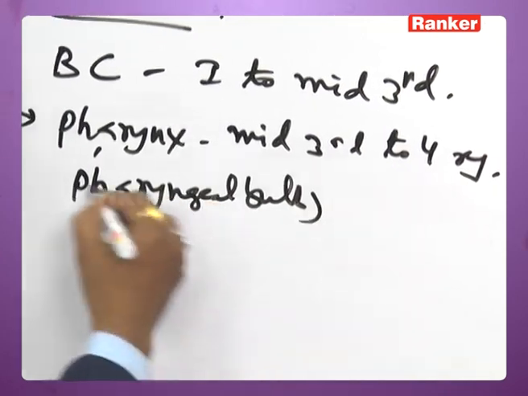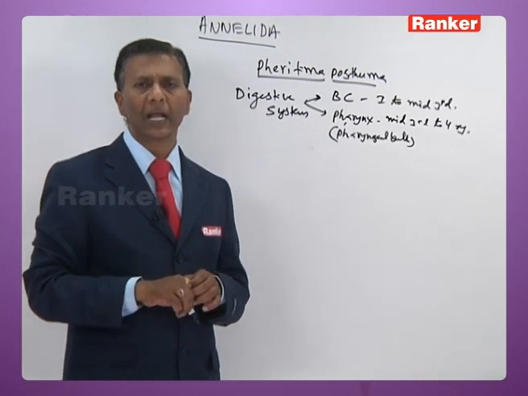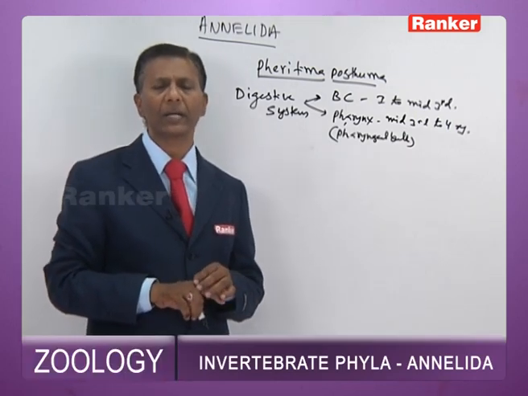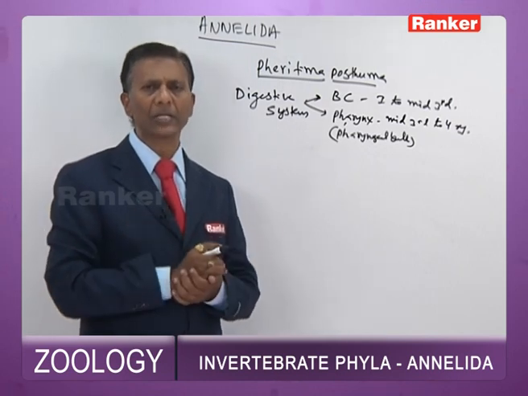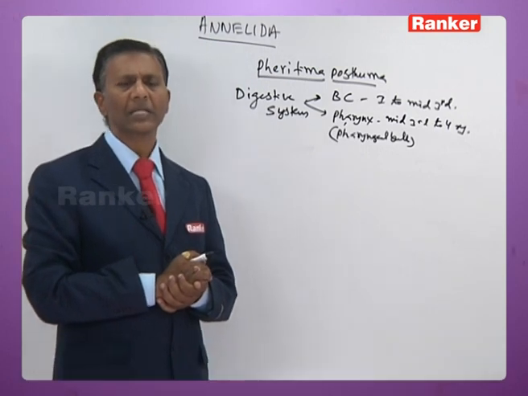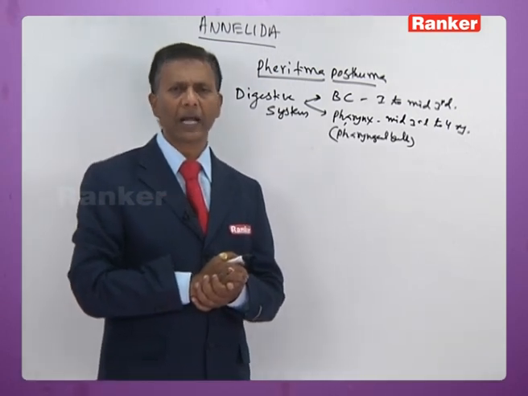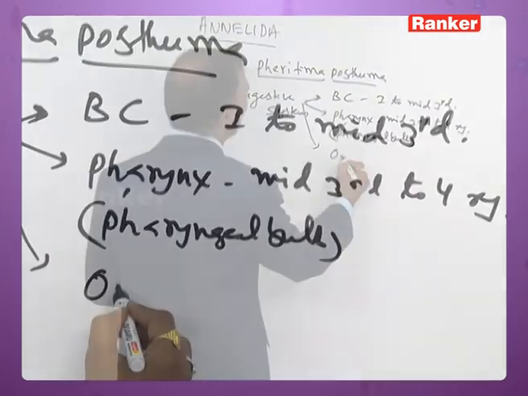The pharyngeal bulb or pharyngeal mass lies on the mid-dorsal side of the pharynx. It corresponds to the salivary gland of other vertebrates and invertebrates. The pharynx has two horizontal shelves internally, which divide it into a dorsal salivary chamber and a ventral conducting chamber. Pharynx is followed by esophagus.